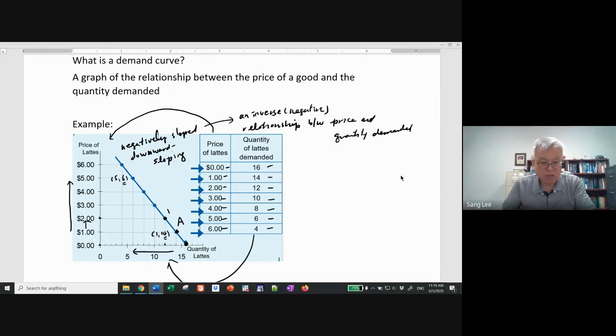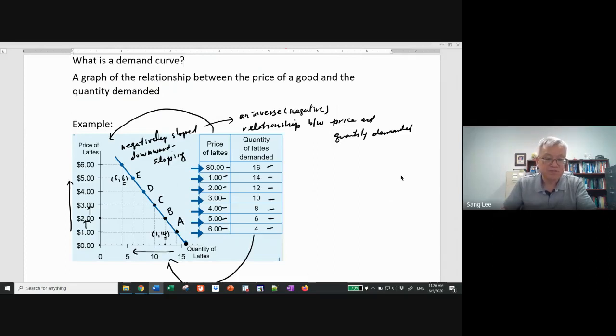So we move from point A to point B. If the price again increases to 3, then you further decrease the purchase of lattes. So from 14, 12, and 10, you move to points C and D. And then finally, if the price is rising up to $5, you reach point E, where you pay $5 for each latte and you consume 6 lattes.